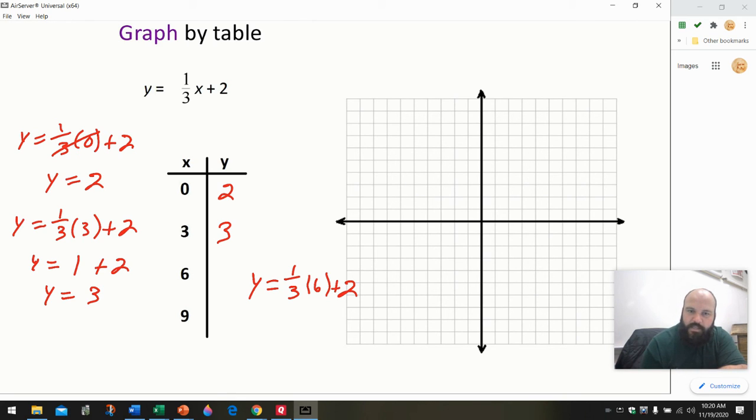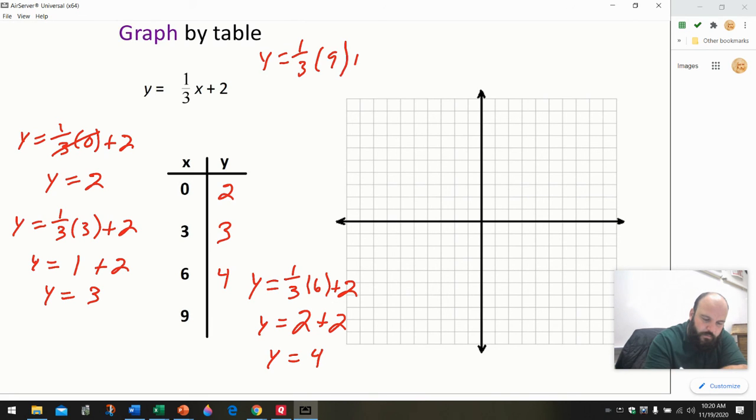One-third times 6 is 2, and 2 plus 2 is 4. And then the last number we're going to put in is 9. One-third times 9 is 3, and 3 plus 2 is 5.